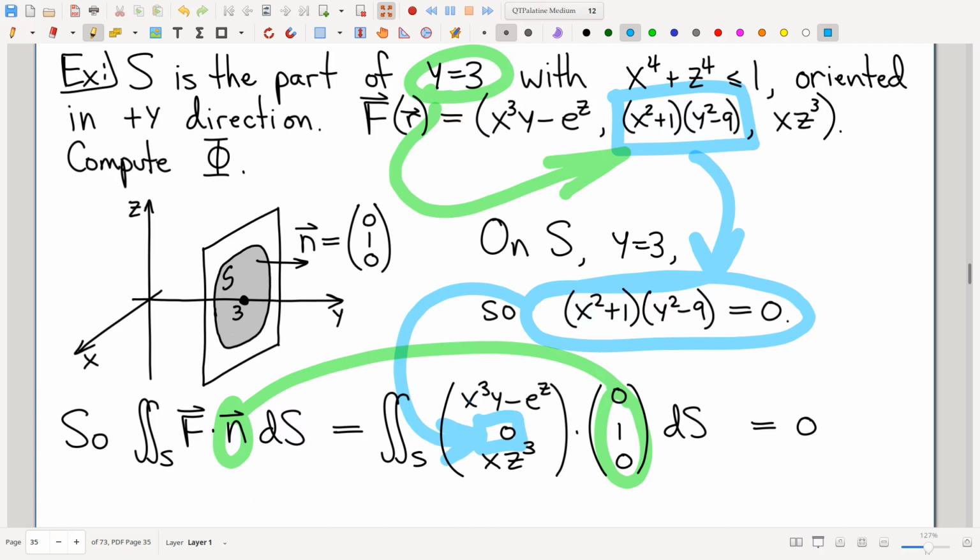Again, if you know something nice about one of your variables, and that applies to your entire surface, plug that in. All good. So yet more zeros, and of course I have deliberately arranged it so that these zeros complement each other perfectly, and again the dot product is immediately 0 and we win. Well, I'm not saying it'll always work out that way, but in this kind of thing you'd be surprised how often this can be very helpful. What do you think? Let's see how these work out.